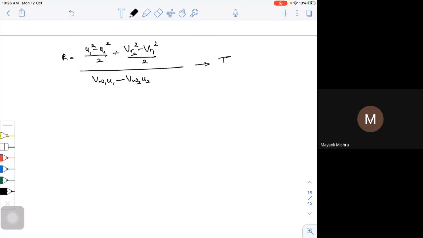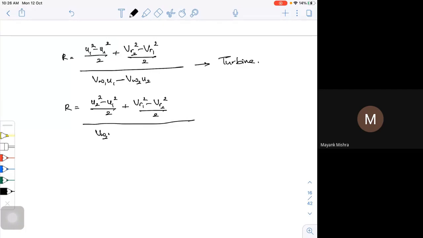This is for a turbine, and I can easily find the degree of reaction. For a compressor, I can write it as R is equal to U2 square minus U1 square by 2 plus VR1 square minus VR2 square by 2, the whole thing divided by VW2 into U2 minus VW1 into U1. This is for a compressor or a pump.